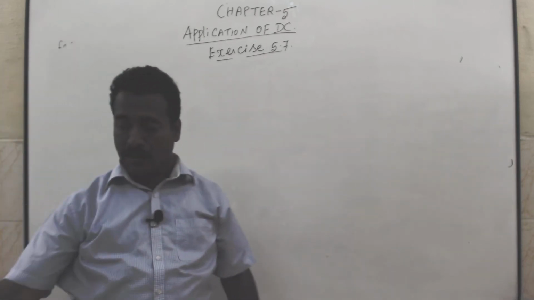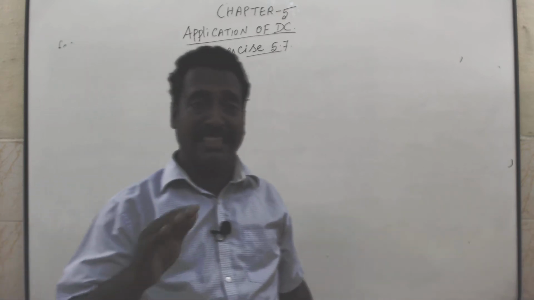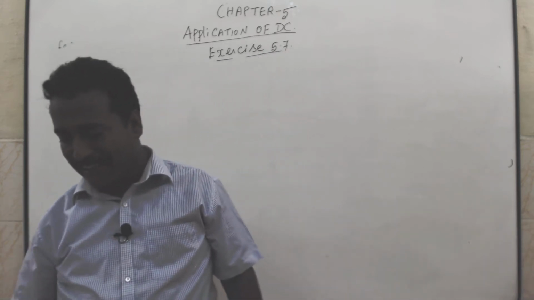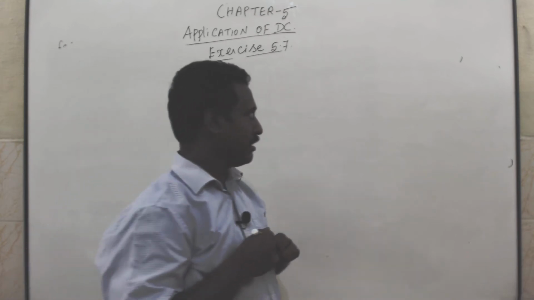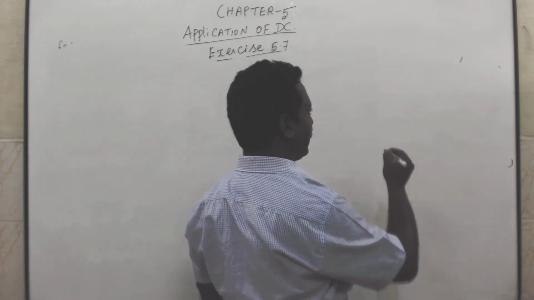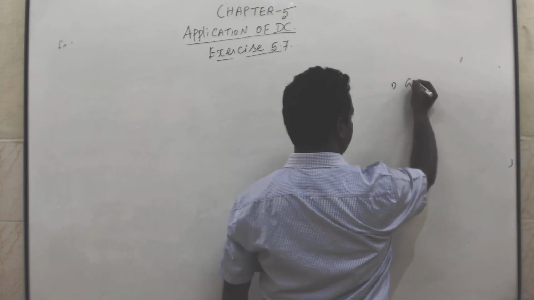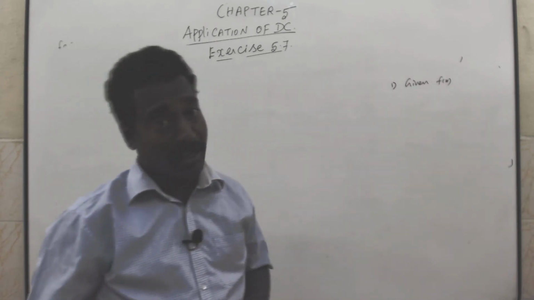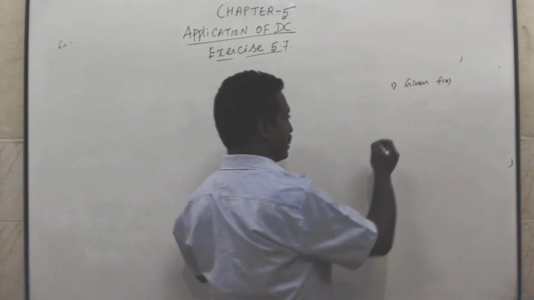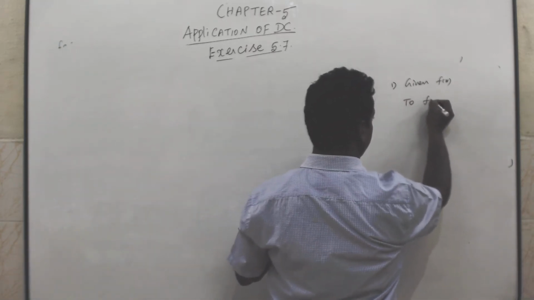Next, the last one, which is very, very important in increasing, decreasing. Find the intervals on which f is increasing or decreasing. The stepwise procedure to find increasing, decreasing: first step, given f of x. Second step, find f dash of x.